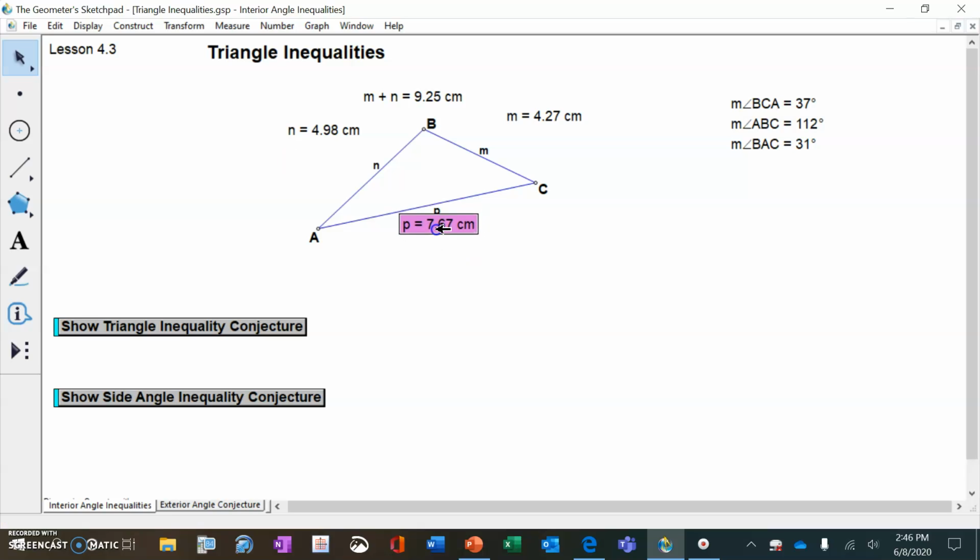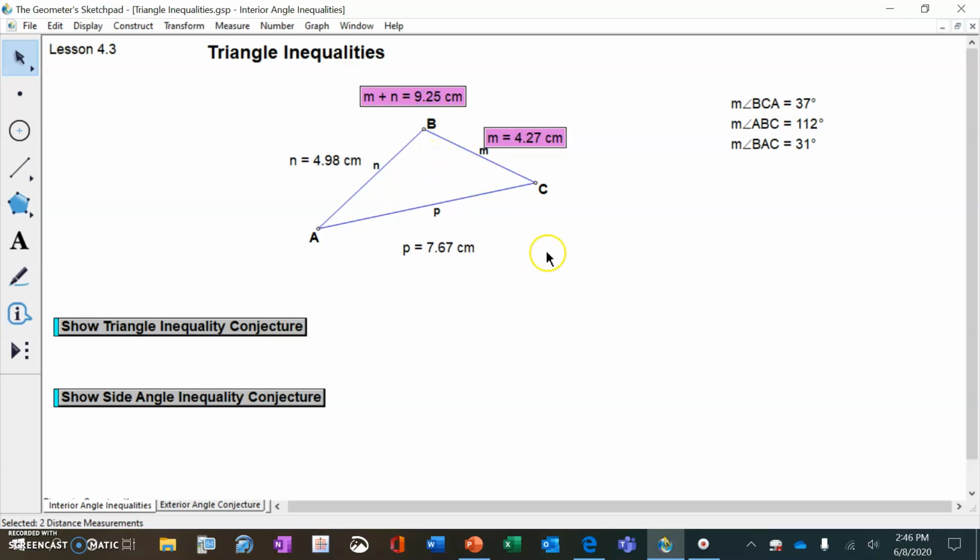So they made this the third side, so that's 7.67. These two sides are measurements of 4.98 and 4.27. M and N together add up to be 9.25. If I'm going to have a triangle, look what has to happen.